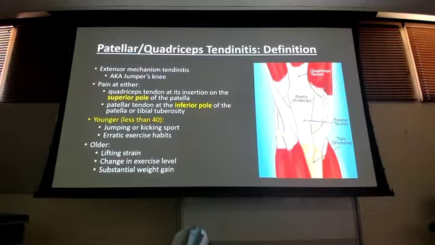The other thing is younger, less than 40, jumping or kicking sports. What else does it say there? Erratic exercise habits, that's what I was talking about earlier. People that do all kinds of craziness, weekend warriors, or older patients lifting, straining, changes in exercise level, substantial weight gain. Yes, pear is a shape, but if your patient is pear-shaped, we need to ask them, do you normally run 3 miles in one go?